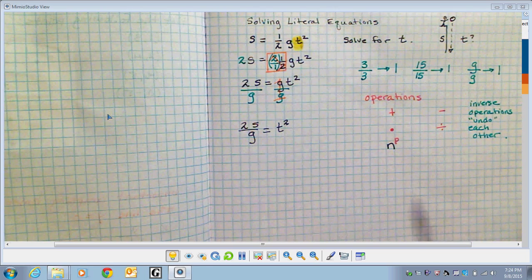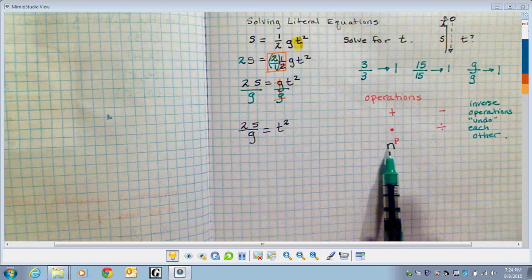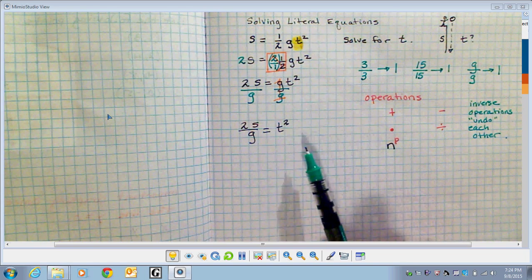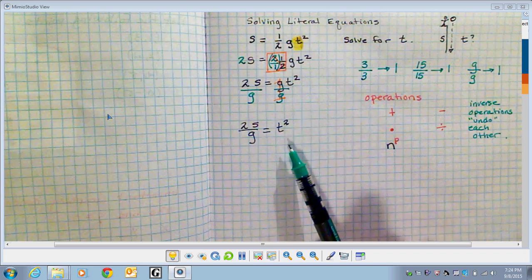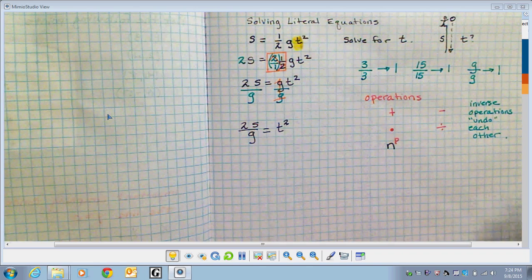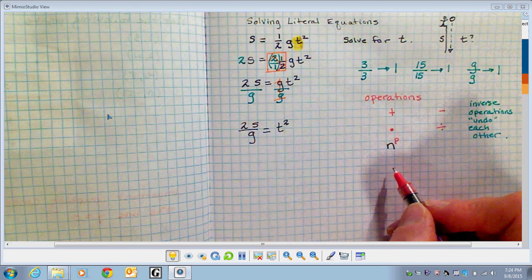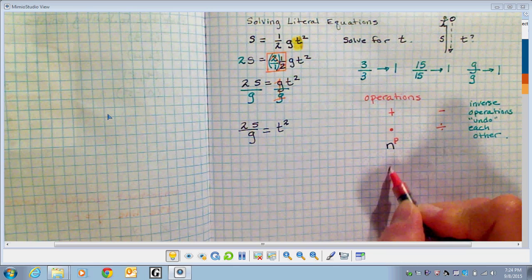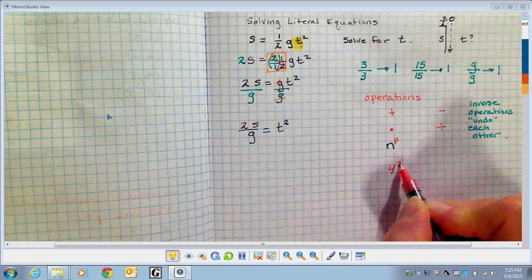But I'm stuck. What is the inverse operation of raising something to a power? So in this particular case, if I'm looking for the inverse, let's just make up something, let's do something like 4 squared.